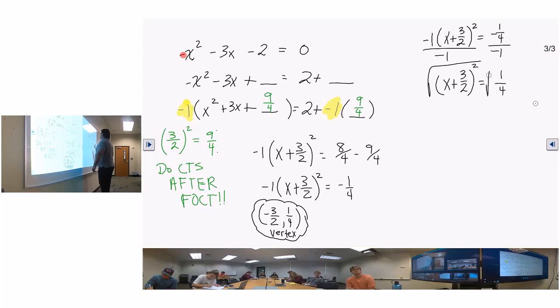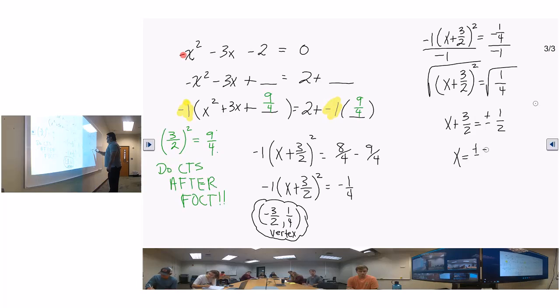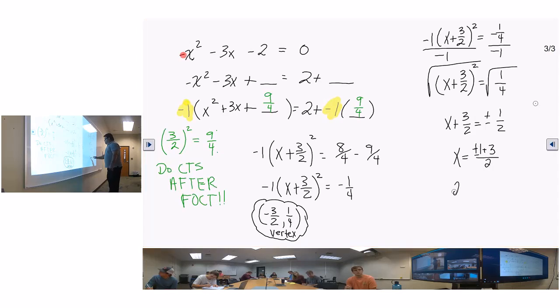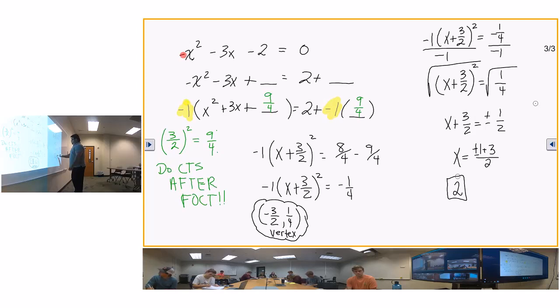Square root of both sides. And x is equal to positive or negative 1 plus 3 over 2, and that's going to be a 2. And -1 plus 3 is 2, that'd be a 1.